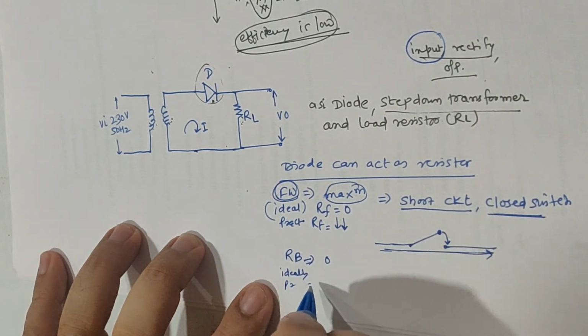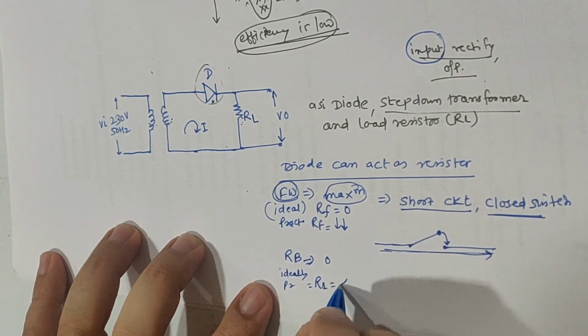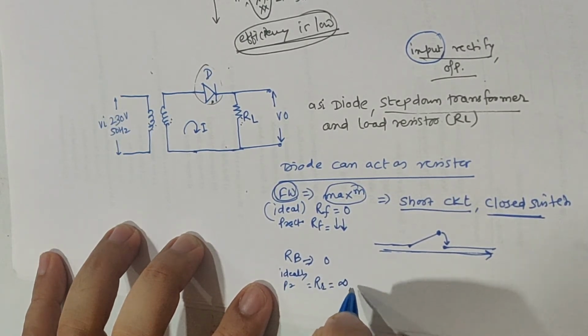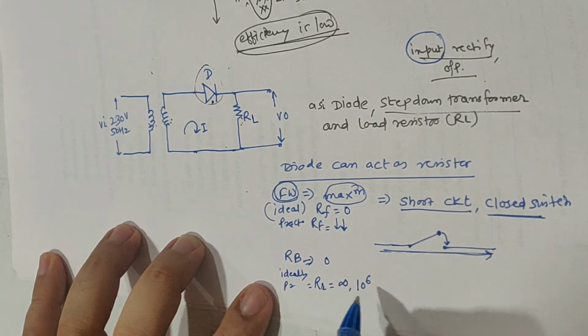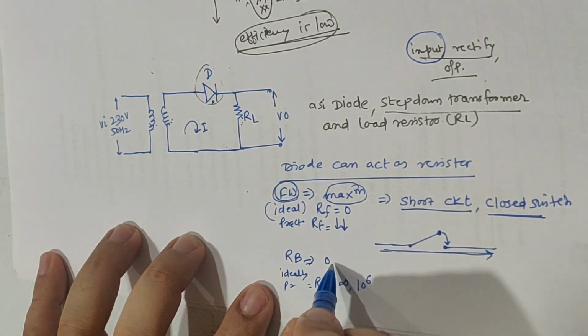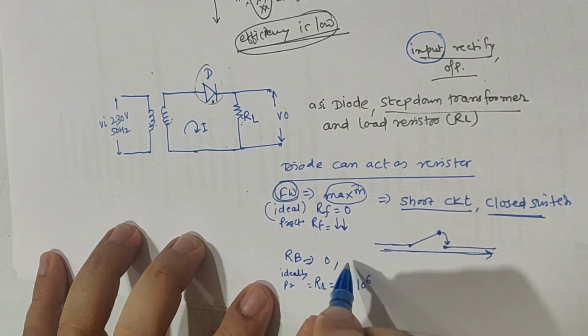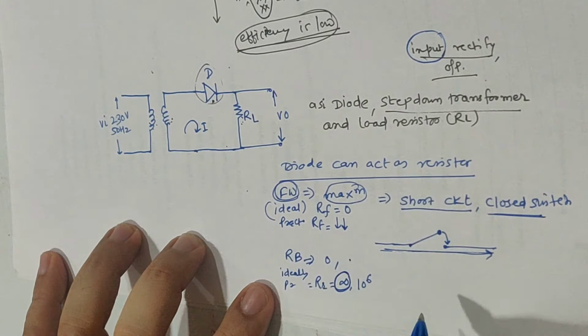That's why we say that the reverse resistance, RR, is ideally infinite, and practically it is in the 10 to the power 6 range, that is maximum mega ohms. If the diode is considered ideal, no current should flow. If current is not flowing, you are applying maximum resistance, and that is infinite.